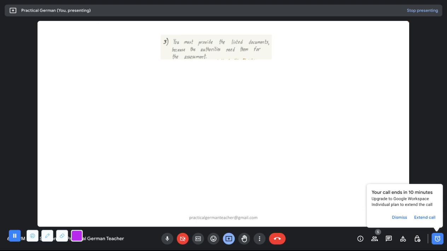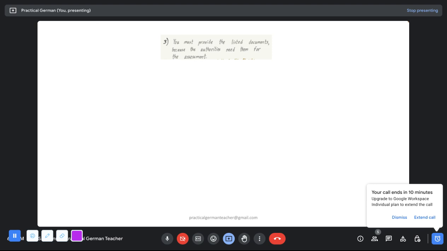Du musst die gelisteten Dokumente... provide, zugeben. Now, zugeben means something else. Übergeben means to vomit. Oh, sorry.